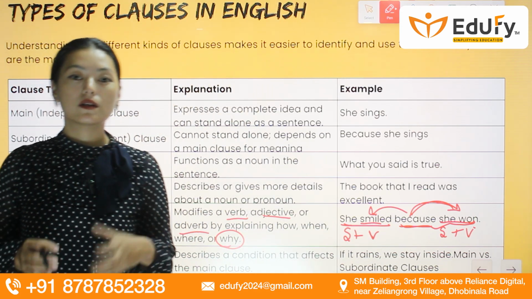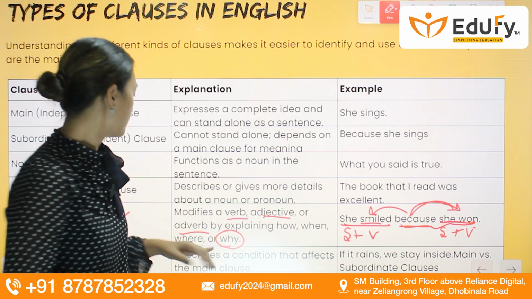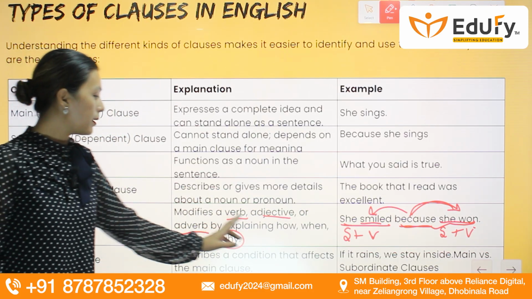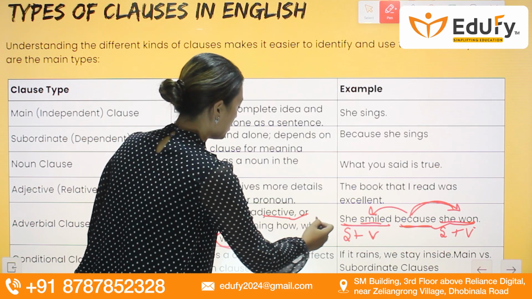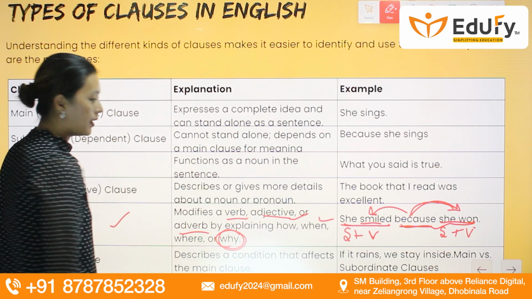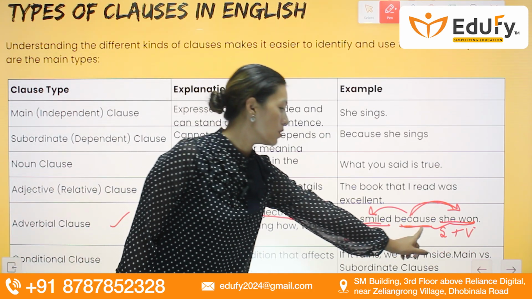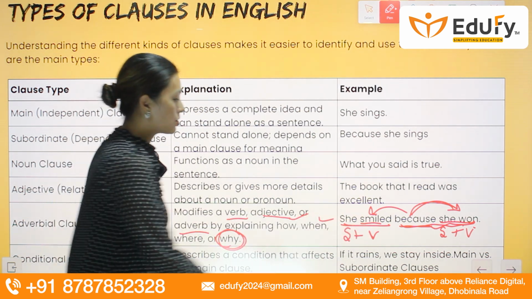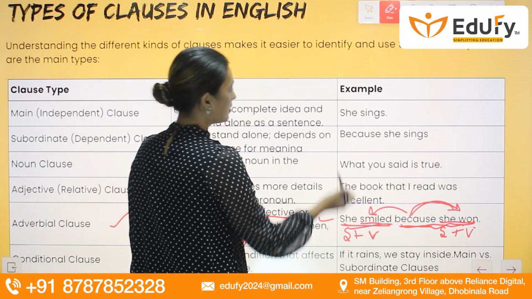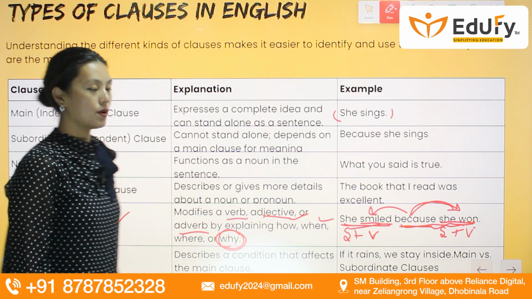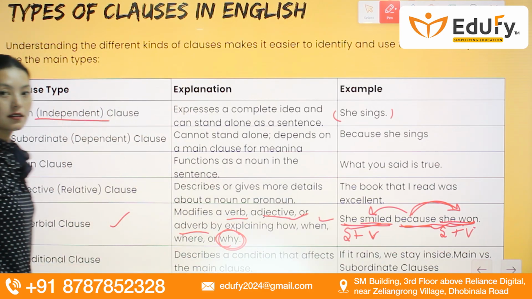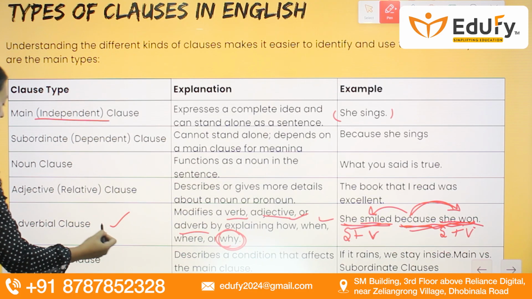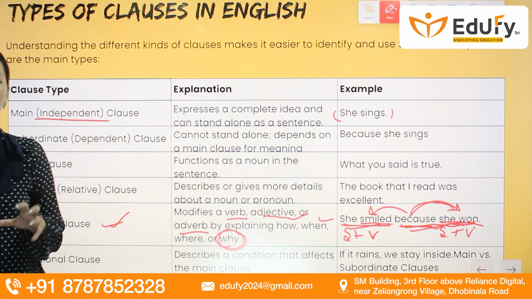So adverbial clauses will talk about verbs, adjectives or even adverbs by explaining how, when, or why. So she smiled is the independent clause, and this one is the adverbial clause. I hope this is clear.